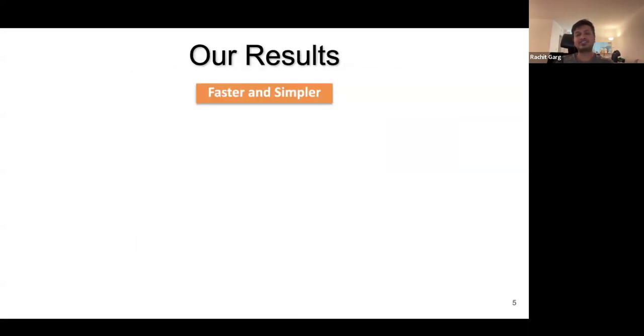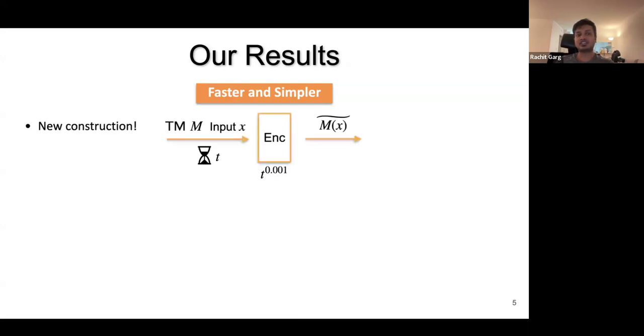Okay, so hopefully I've convinced you that this primitive is very useful. Let me focus on our results on constructing this primitive. We give a new construction of a succinct randomized encoding where the encode time can be made as small as we like. So what do I mean? Give me a constant, let's say 0.001. And the encode time for this succinct randomized encoding can be t to the power 0.001.